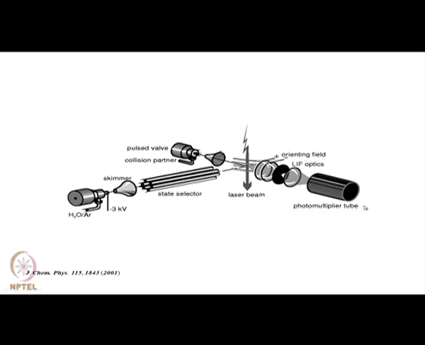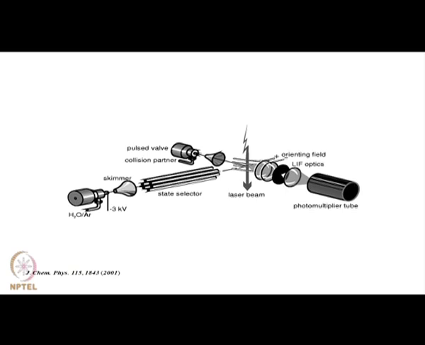There is a photomultiplier tube which detects the light induced fluorescence, with the corresponding optical arrangement here. The laser beam excites the sample, and then you accordingly get the laser induced fluorescence.